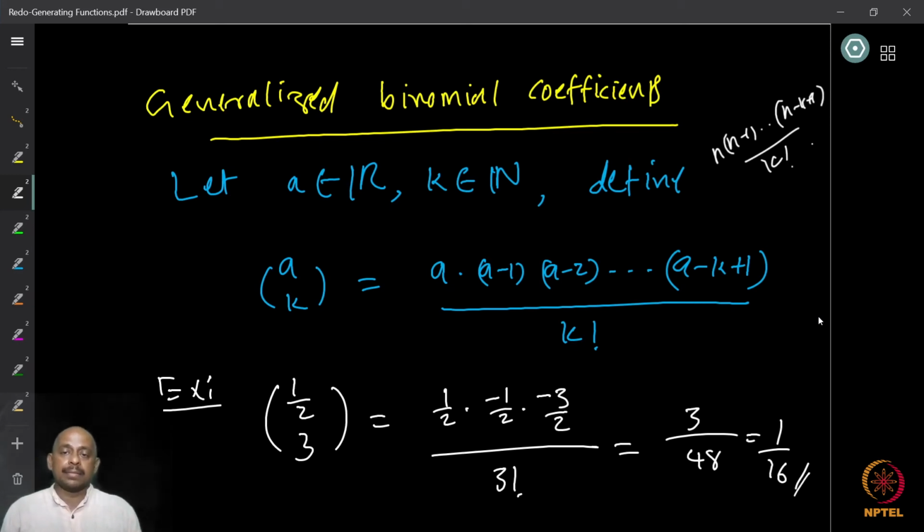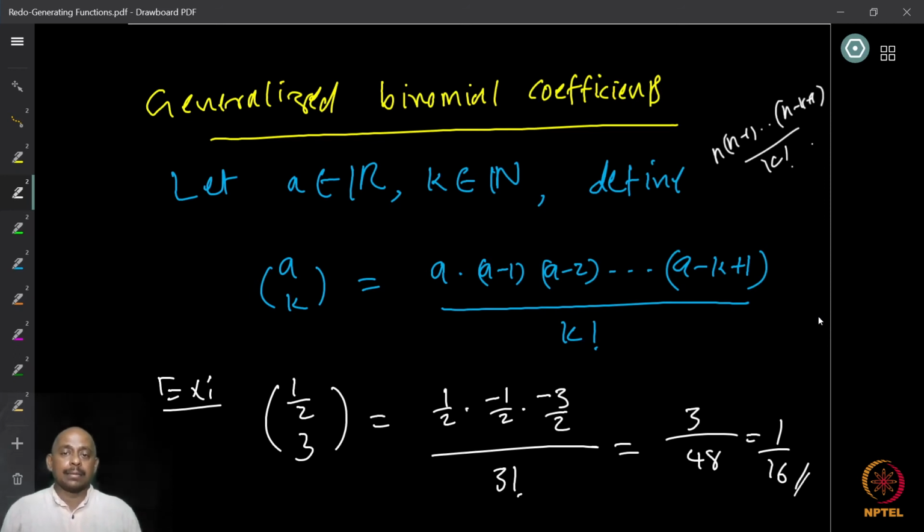So take this definition, and let us define it for a real number now. So a is a real number and k is a natural number. For this case, we define a choose k as the generalized binomial coefficient. So what is a choose k? It is a into a minus 1, a minus 2, etc., a minus k plus 1, divided by k factorial.